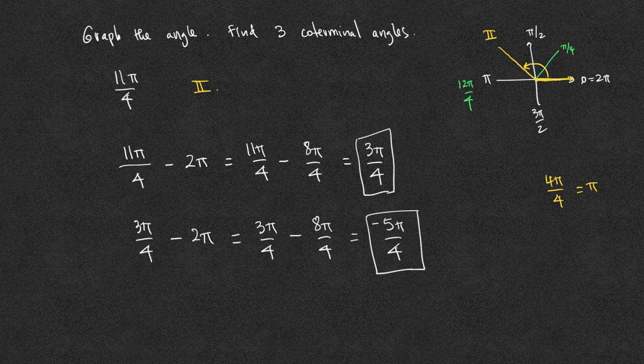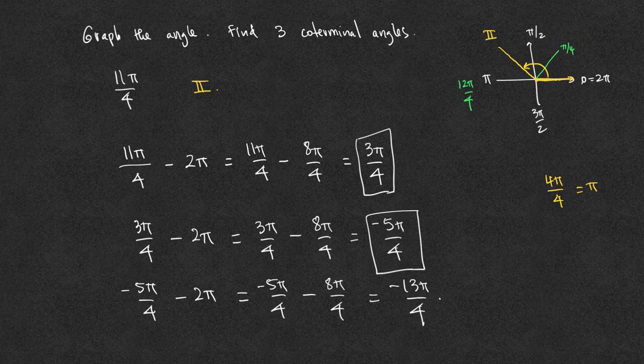We are required to have one positive and one negative, and for the third angle it doesn't matter whether it is positive or negative. And so we might simply take negative 5 pi over 4 and subtract another 2 pi to get negative 5 pi over 4 minus 8 pi over 4, which is negative 13 pi over 4.